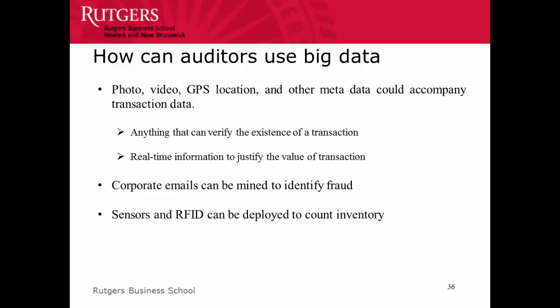And lastly, sensors and RFID can be deployed to count inventory. Because we know that in the observation of inventory, auditors typically take sample locations and only examine a sample of inventory.